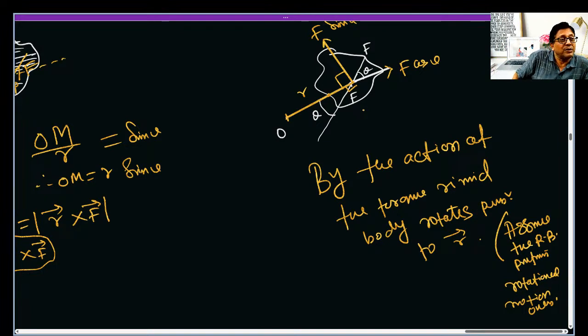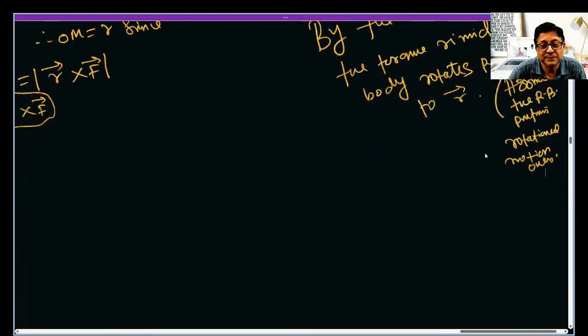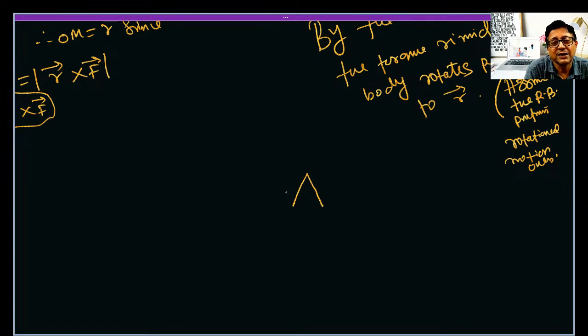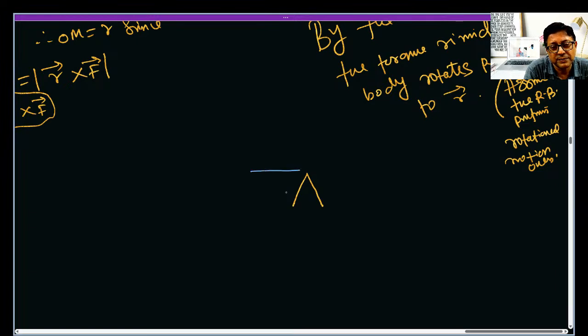This torque may be clockwise, this torque may be anti-clockwise. I can show you in a diagram how these torques are responsible for balancing a stick. There is a pivot here and there is a rod.